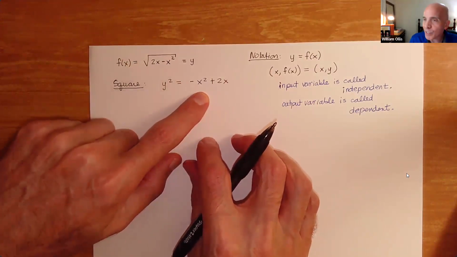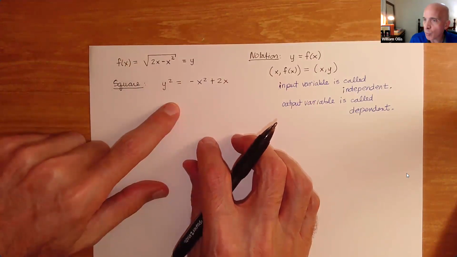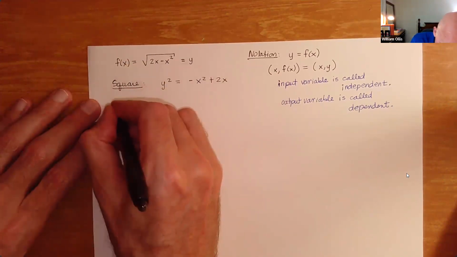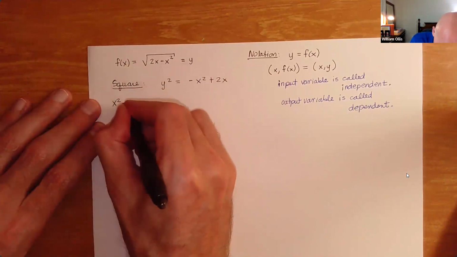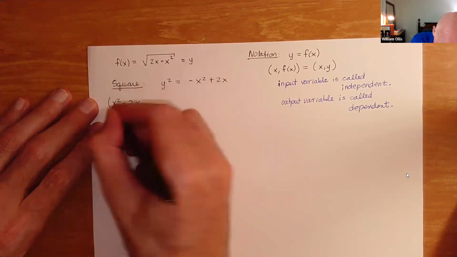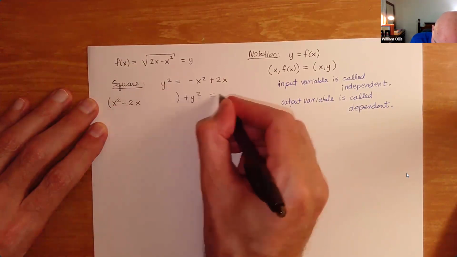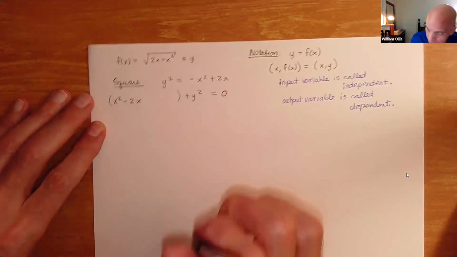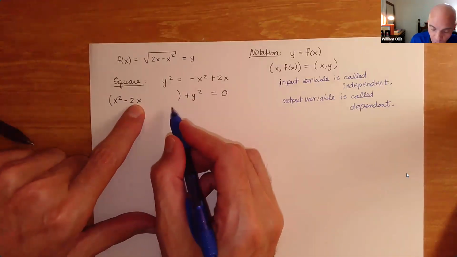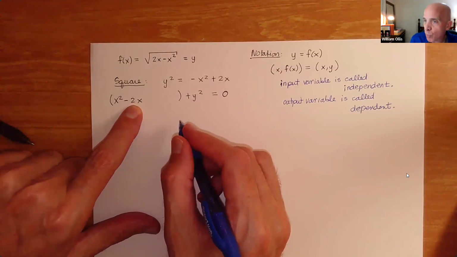Now what we can do is complete the square in x, and then you can see that we're going to have the equation of a circle. So now take everything over, x squared minus 2x, and we want to leave some space, plus y squared equals 0. So now what we can see is we can complete the square. Again, we take half of -2, which is -1, and square it.